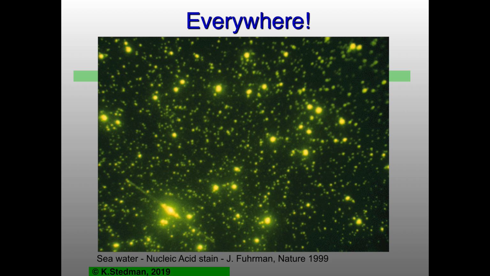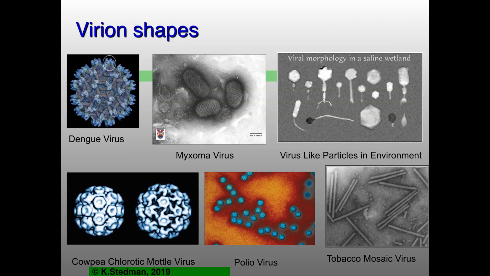Way more virions in any environment, our blood, our guts, the oceans, the air, than anything else. So, massive numbers of virions are present in all environments. So it's not surprising that they have a very large influence on what's going on in terms of life in all of those different environments.